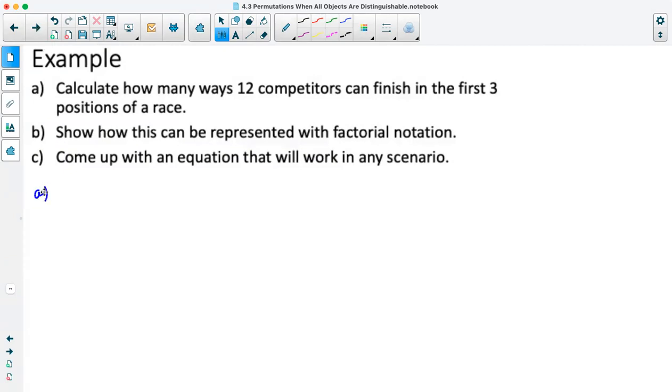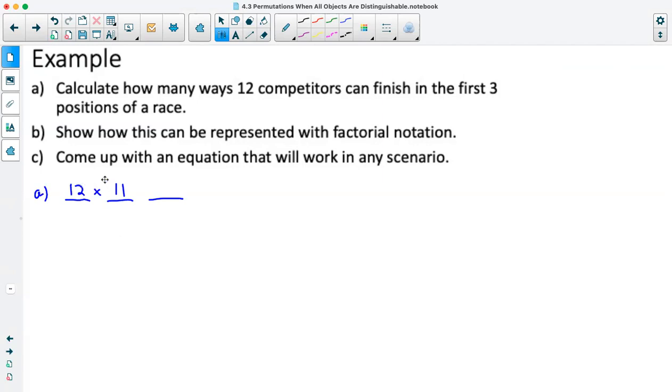Okay, so part A, how many ways can 12 competitors finish in the first 3 positions of a race? So we've got 3 positions at the front of our race: first, second, and third. We've got 12 competitors, so we have 12 different options for who finishes first. If we've already chosen one person to finish first, that leaves 11 possible people who can finish second.